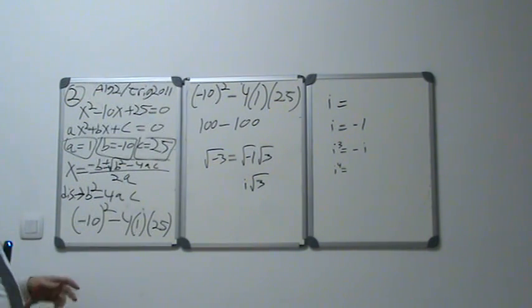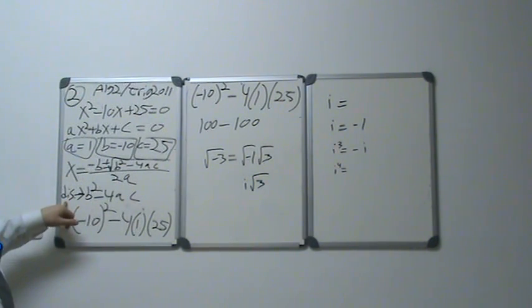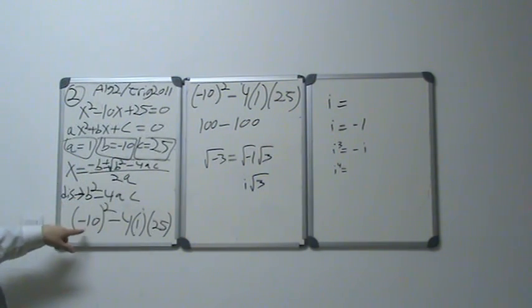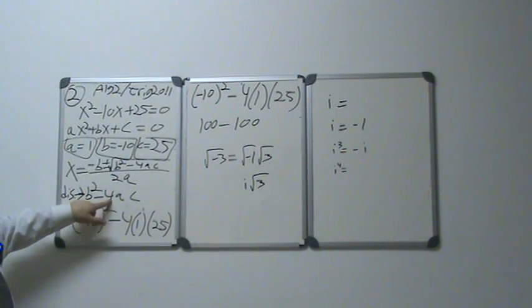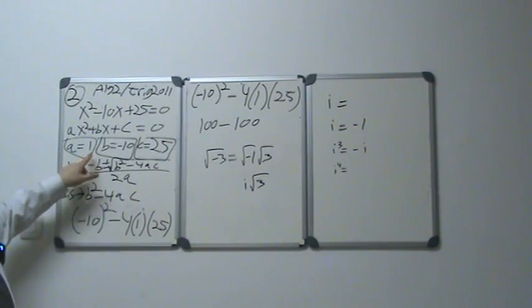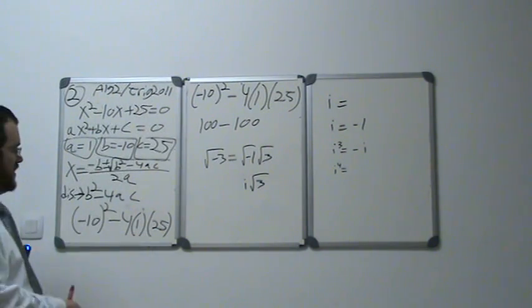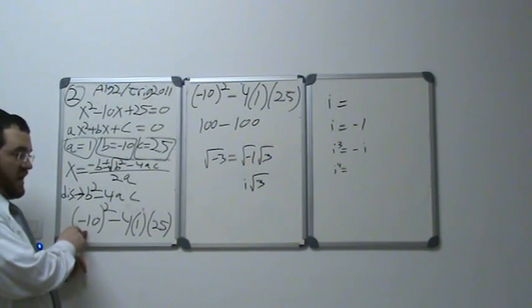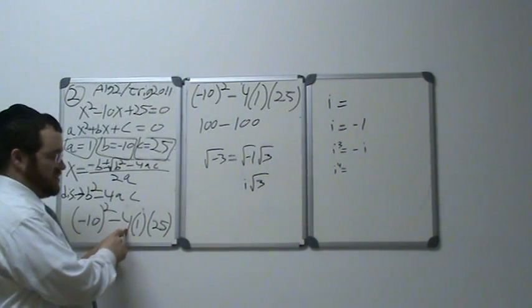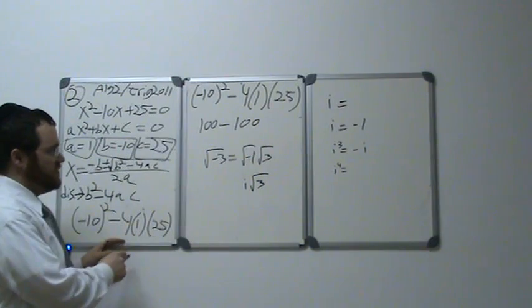So we need a, b, and c over here. The discriminant, again, is what's under the radical sign. So b squared is negative 10 squared minus 4, a we said is 1, and c is 25. So remember, it's negative 10 squared minus 4 times a times c, or minus 4 times 1 times 25.